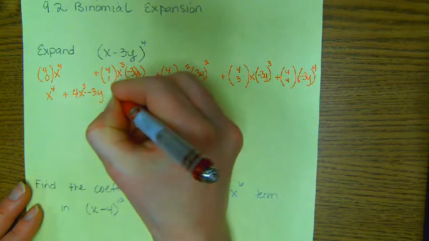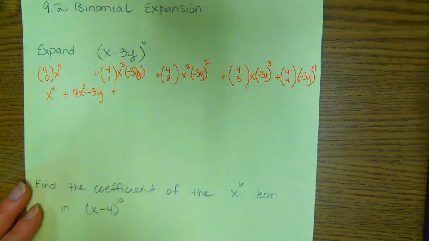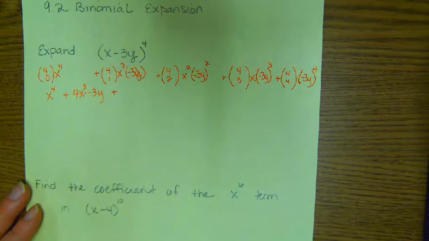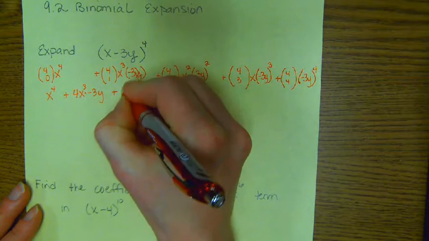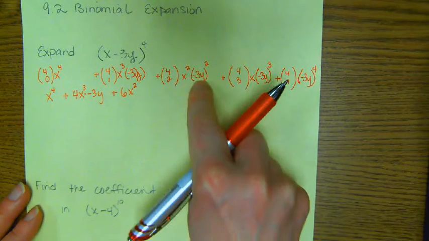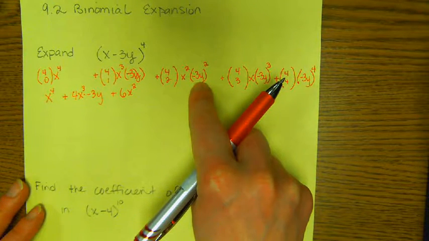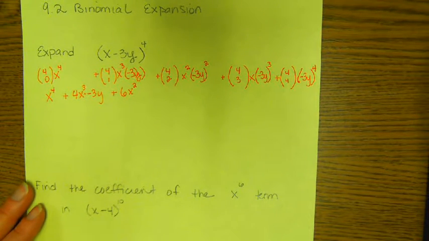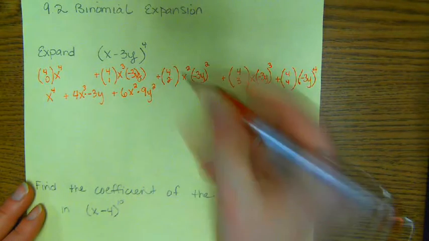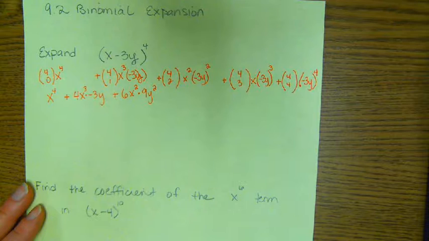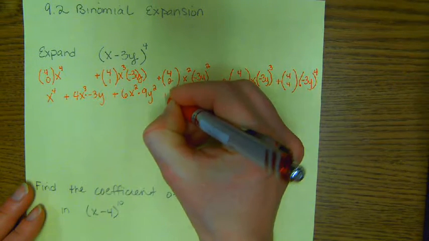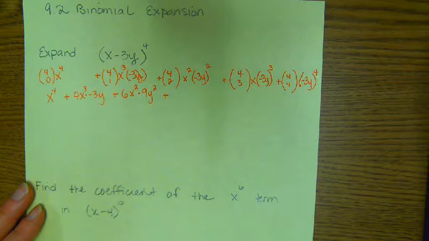All right, anybody know what 4C2 is? So we have 6x squared, and then let's simplify this. What's negative 3y squared? 9y squared. Don't forget that you have to raise that negative 3 to the power as well. All right, so in a second I'll simplify that. 4C3 is 4.